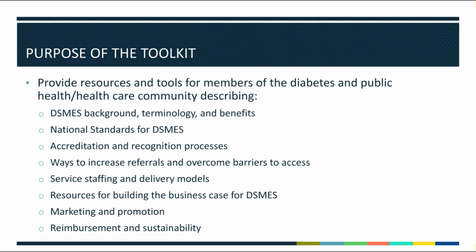Background and terminology and benefits, the national standards for DSMES, accreditation and recognition processes, increasing referrals and overcoming barriers, service staffing and delivery models, resources for building the business case for DSMES, marketing and promotion, reimbursement, and sustainability. Next slide, please.